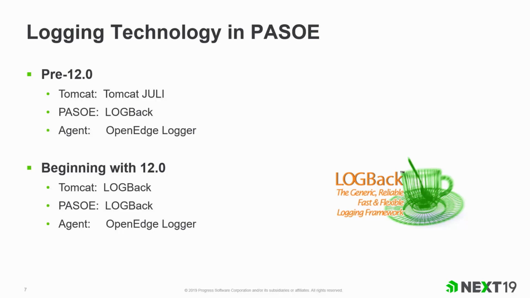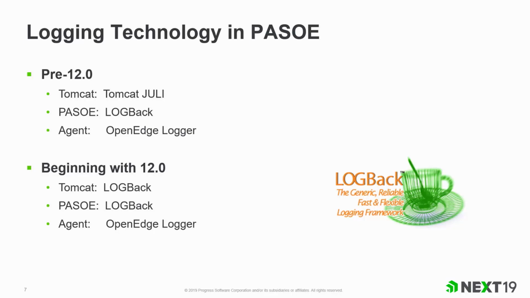Tomcat was using JULI, which is Java util logging. It works pretty well, but it's really difficult to configure. The ABL application layer was using logback, and the agent layer uses our own homegrown C logger.